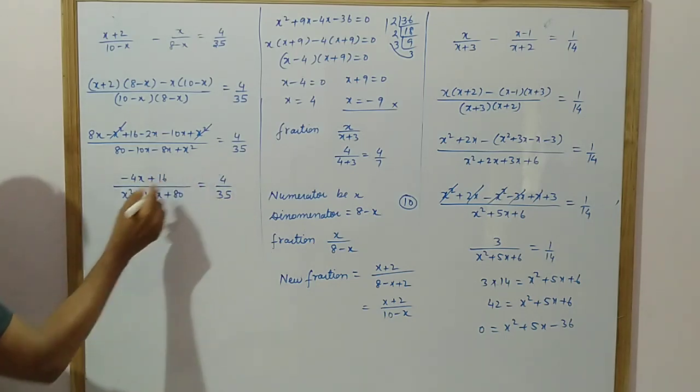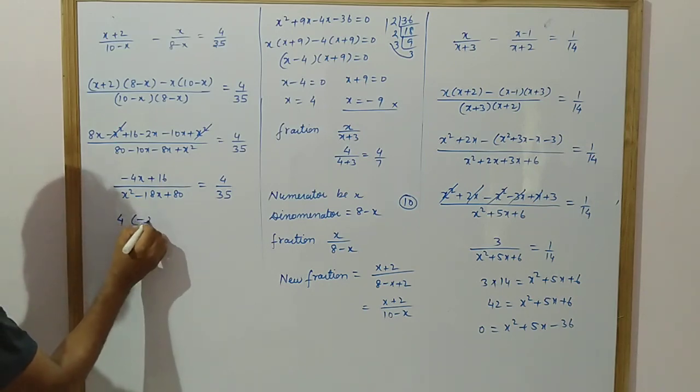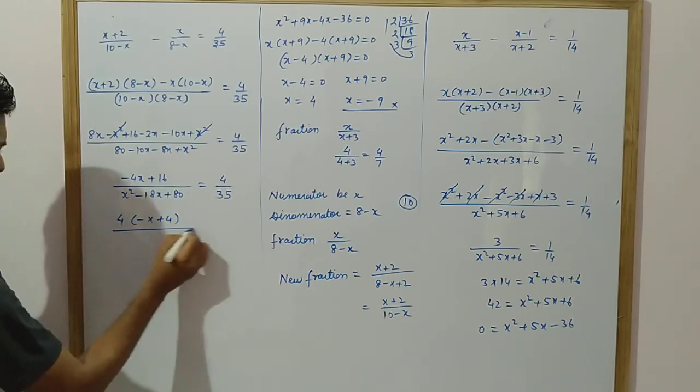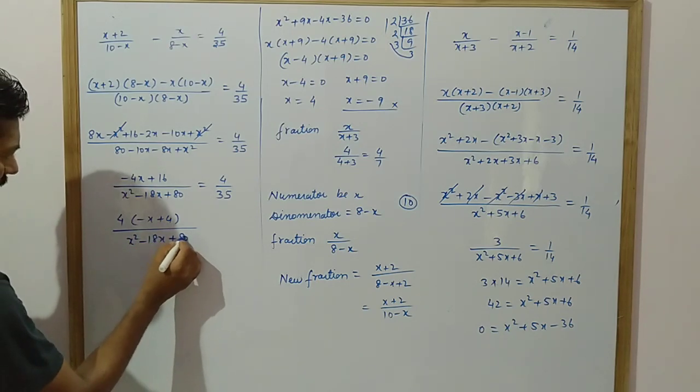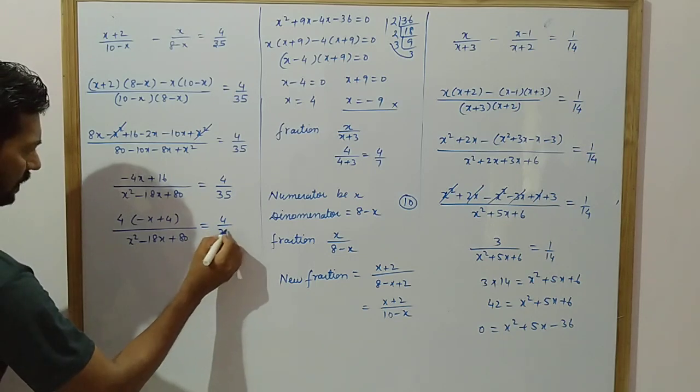Here we can take 4 common and cancel it out. 4 we are taking common, minus x plus 4 by x square minus 18x plus 80 equal to 4 by 35.